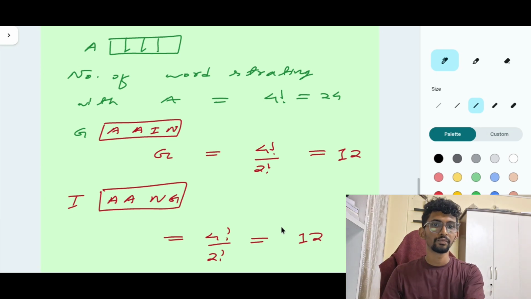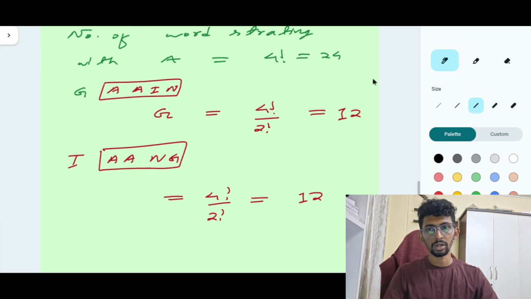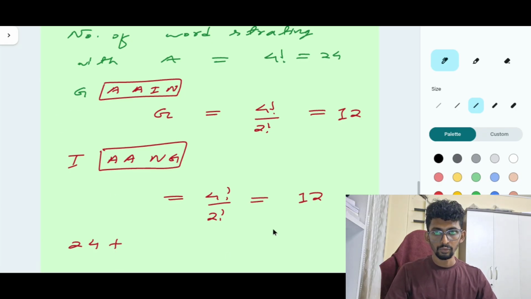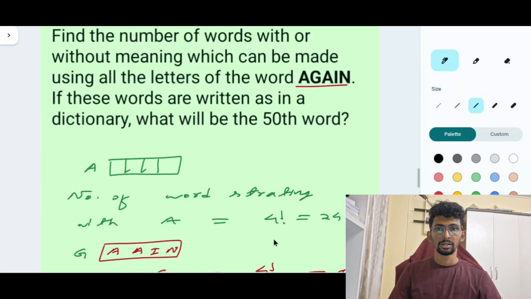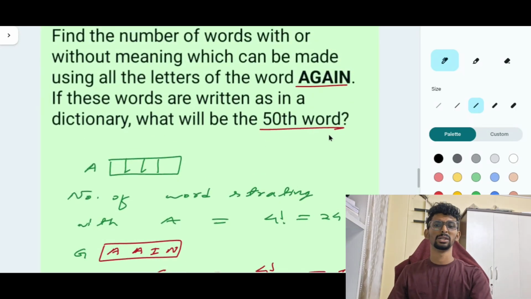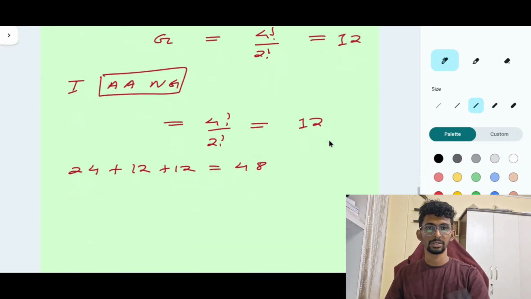So till now, how many words have we got? 24, which are starting with A. Then next, alphabetically G, which are 12. Then the number of words starting with I, again 12. So total 48. But what we have to do? We have to find the 50th word of the dictionary. So this is 48.